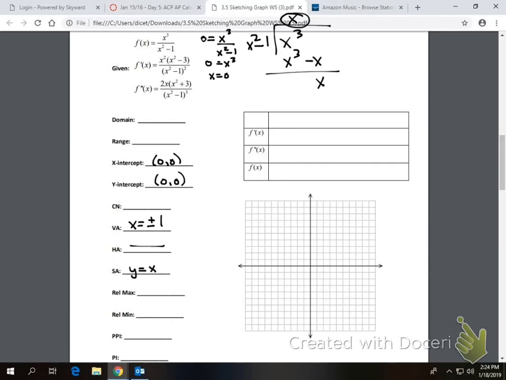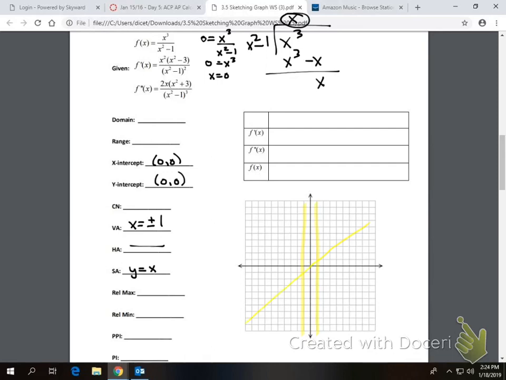I'm going to go to my graph and graph my asymptotes. I have a vertical asymptote at negative 1. I have a vertical asymptote at positive 1. I also have a slant asymptote at y equals x, which would be this and this.